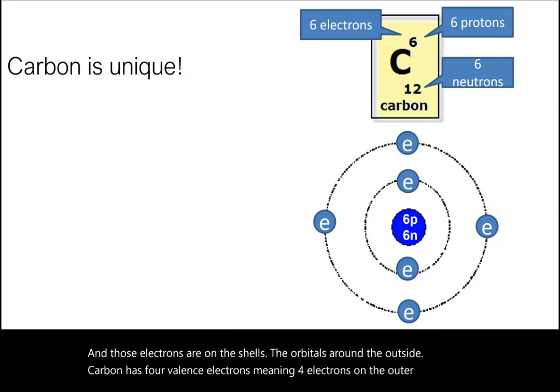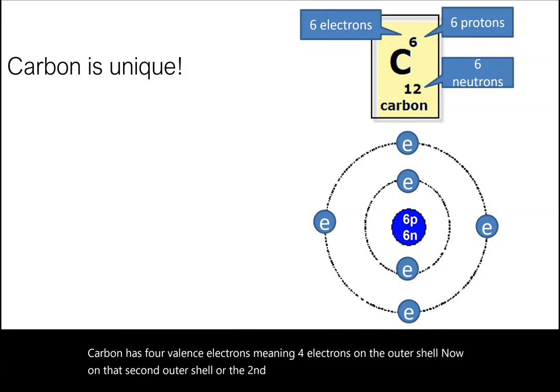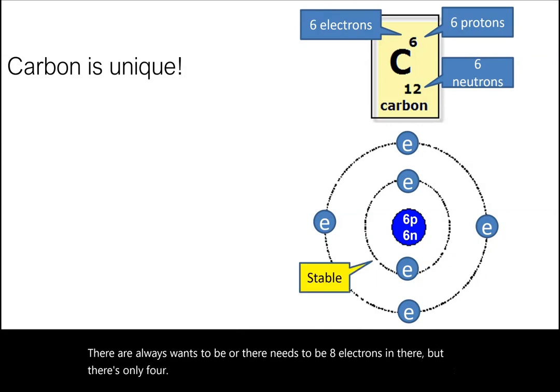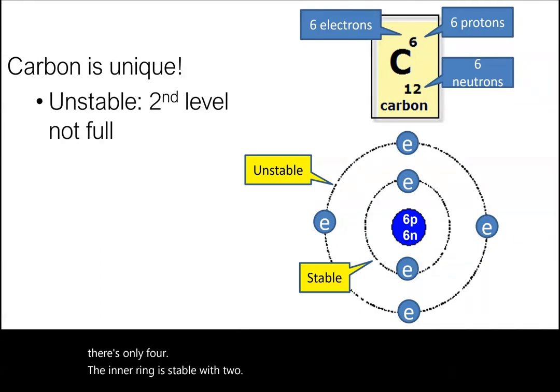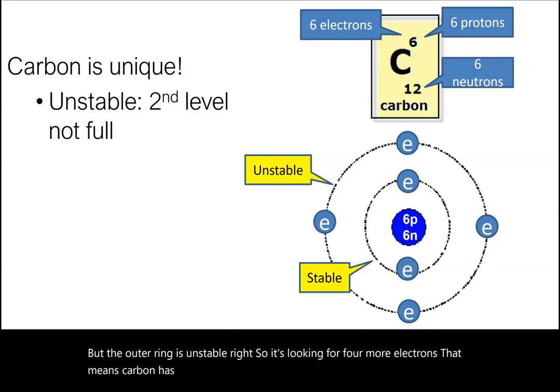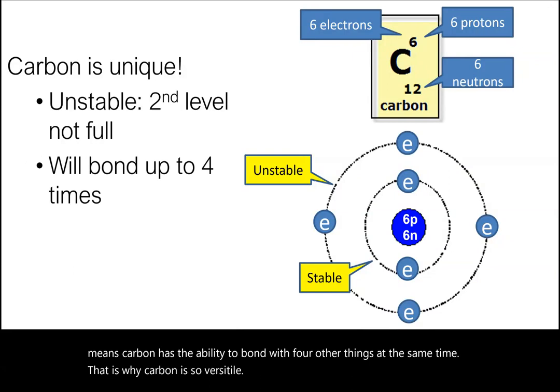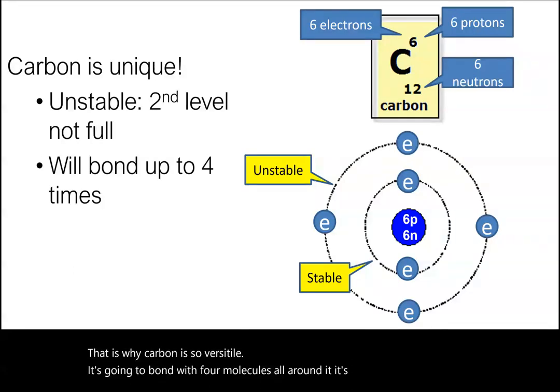Now, on that second outer shell, or the second orbital, there always wants to be, or there needs to be 8 electrons in there, but there's only 4. The inner ring is stable with 2, but the outer ring is unstable, right? So it's looking for 4 more electrons. That means carbon has the ability to bond with 4 other things at the same time. That is why carbon is so versatile. It's going to bond with 4 molecules all around it. It's like the centerpiece.